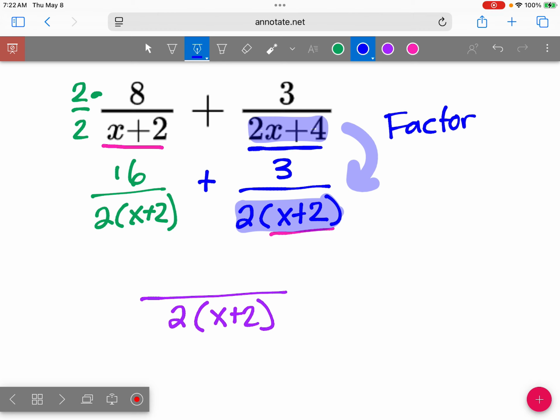Because we see in here that both 2x and 4 have a 2. And so we were hoping that when we factored that 2 out, it would make it so I didn't have to multiply by the 2x plus 4 and then also multiply this guy by x plus 2. Because that's the hard way to go, if we multiply just by the denominator of the other one. Well, and also if you do distribute the 2, it's the same. Yep, if you distribute the 2, it comes back the same. So our numerator here is going to be 19.